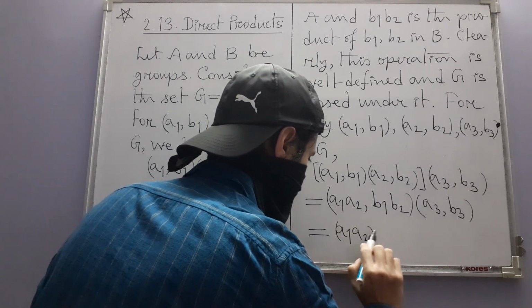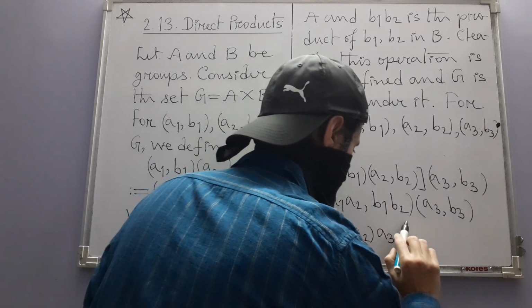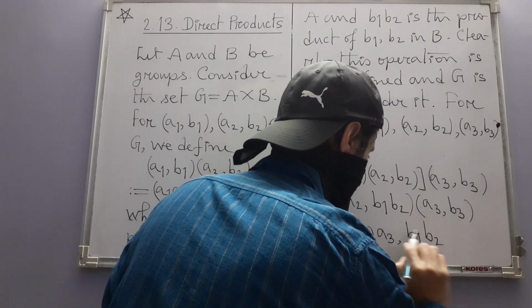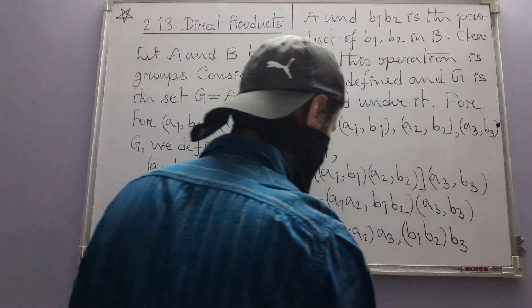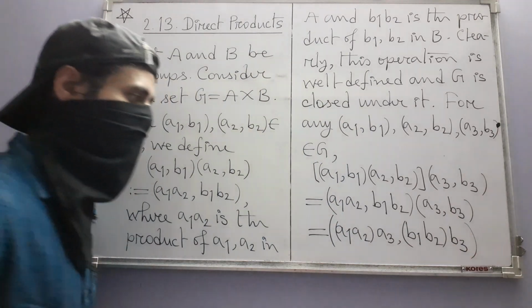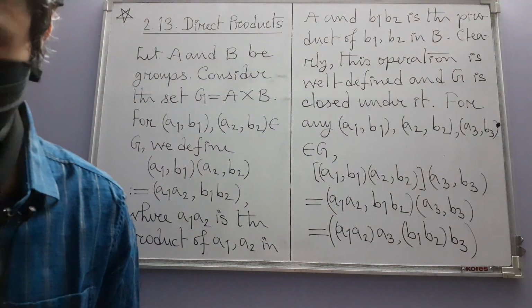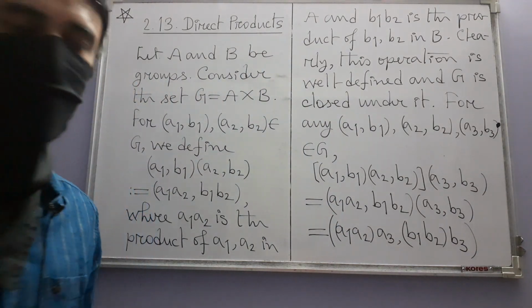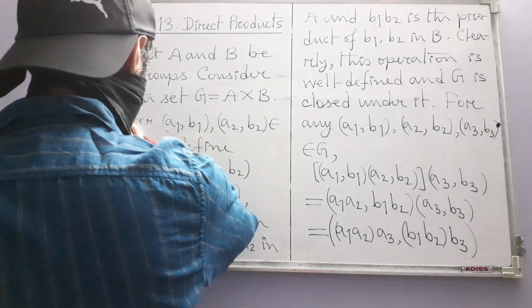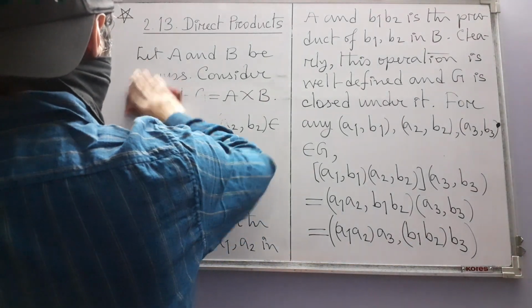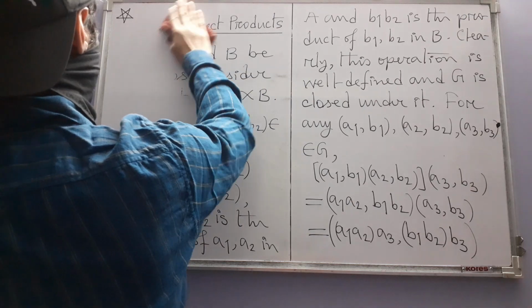That equals A1, A2, A3, B1, B2, B3. And now you can use the fact that the operations on A and B are both associative.